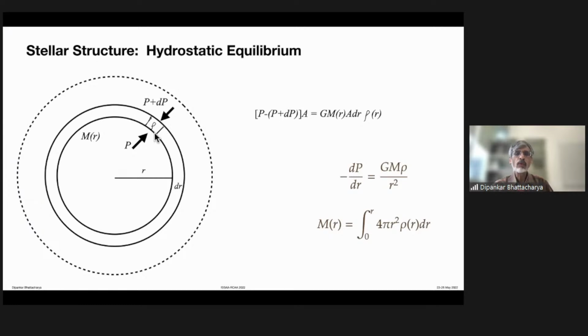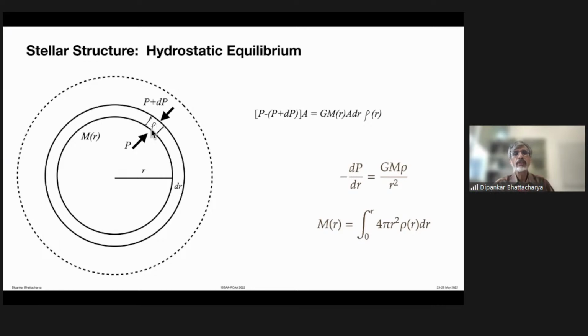Let's first ask, what is the mass of this element of matter? Cross-section area is A, the thickness is dr. So the volume is capital A times dr. That times rho at r is the mass of this element.